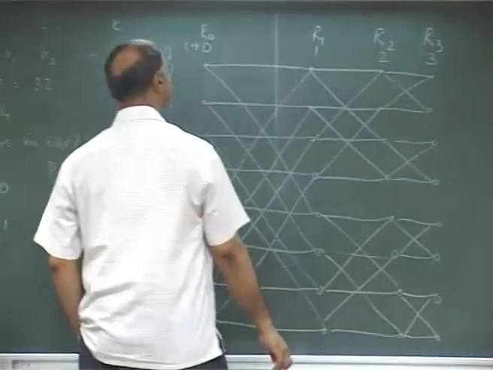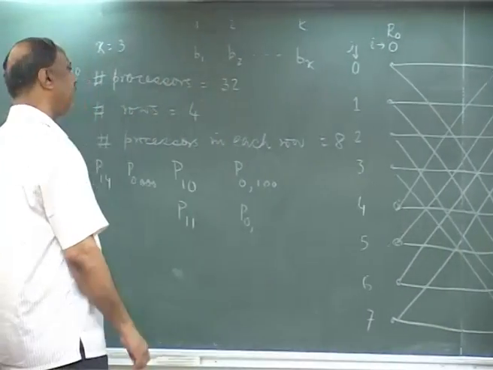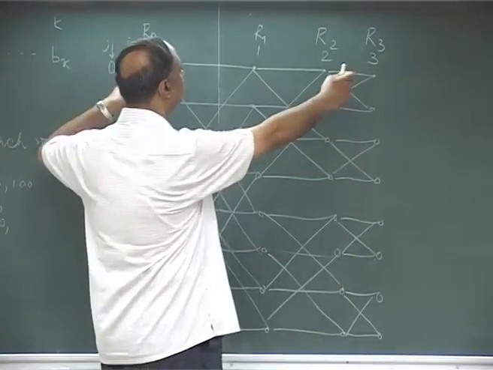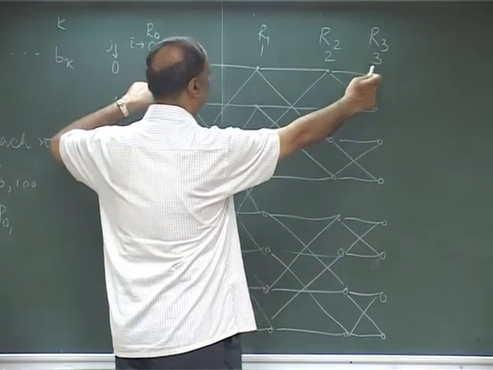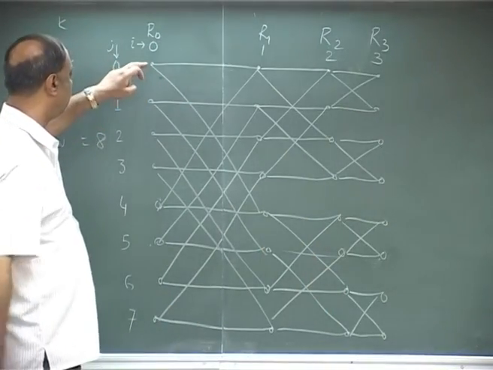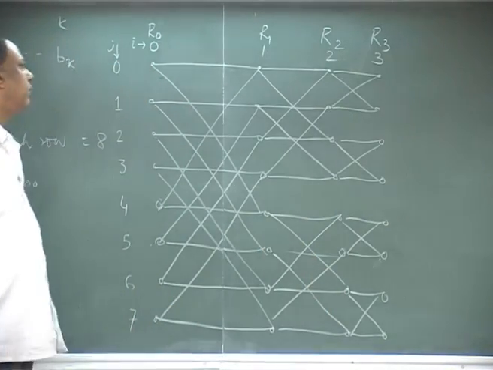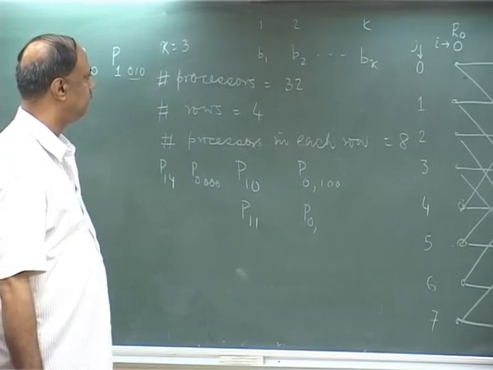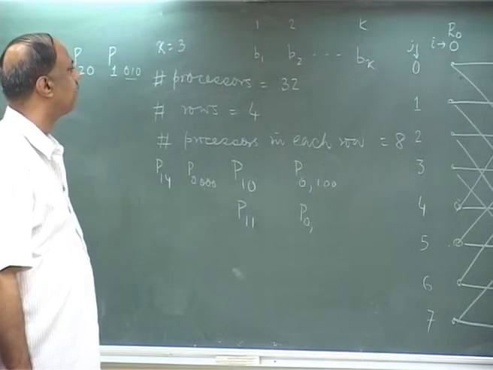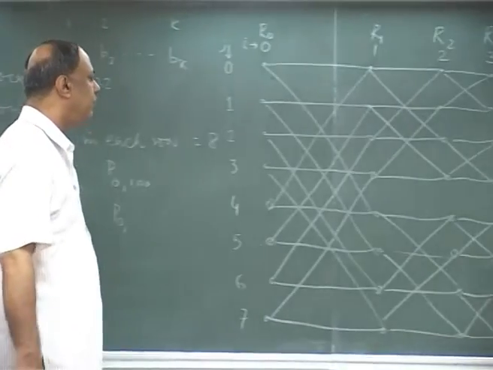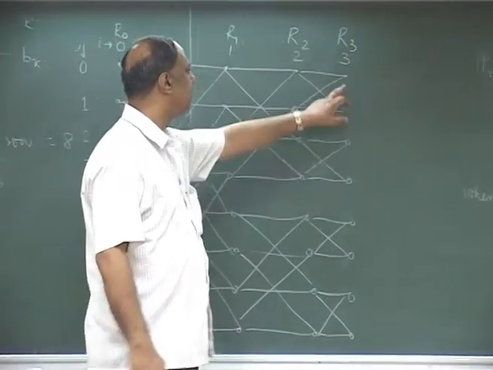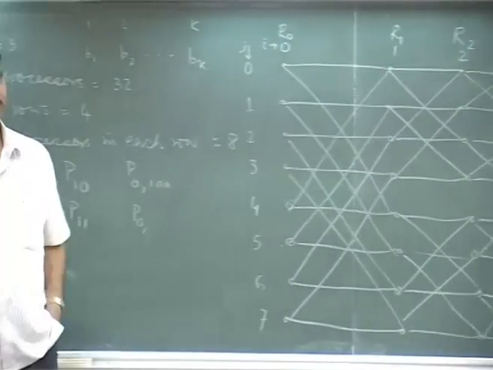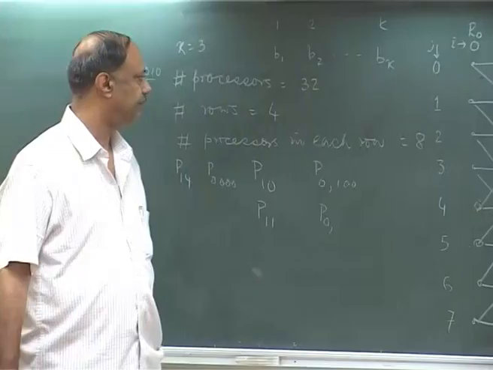So the structure of this butterfly network, if you observe, looks like a butterfly. The height is log n plus 1, and on this side you have 2 to the power k, or n, processors. To transfer data from one corner to another corner, it will not take more than order log n time.